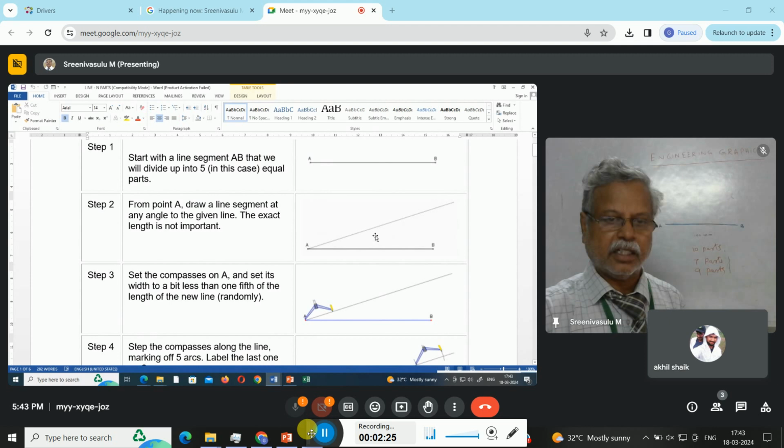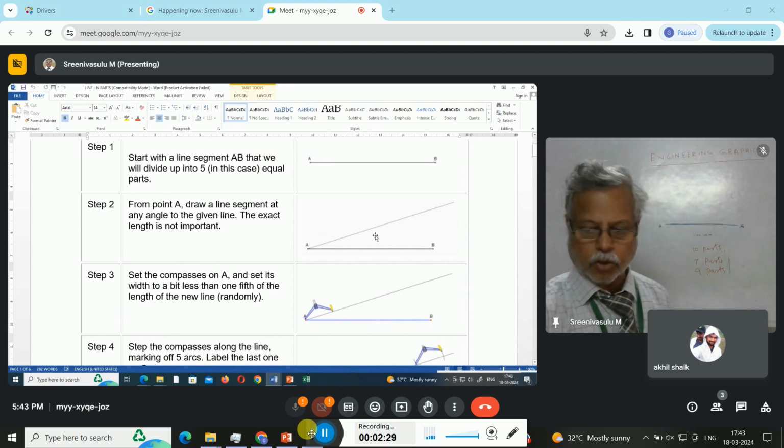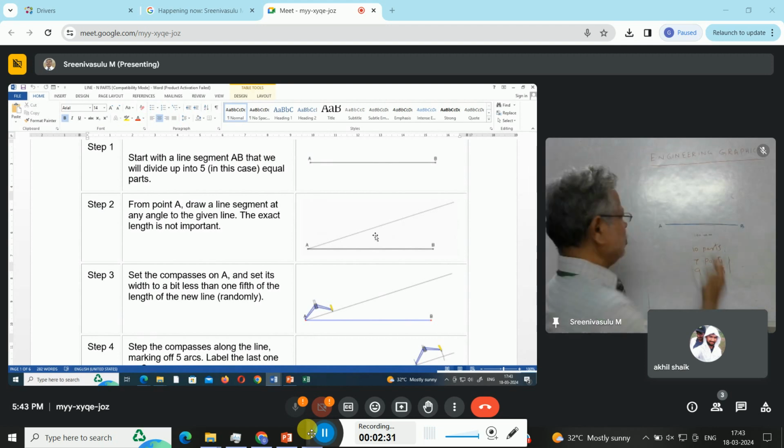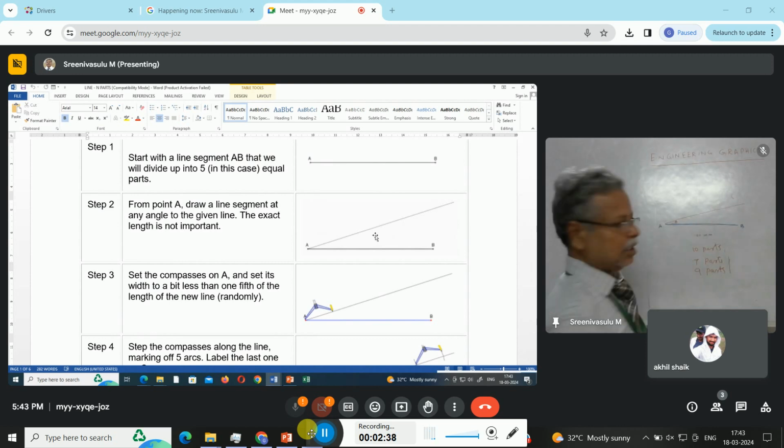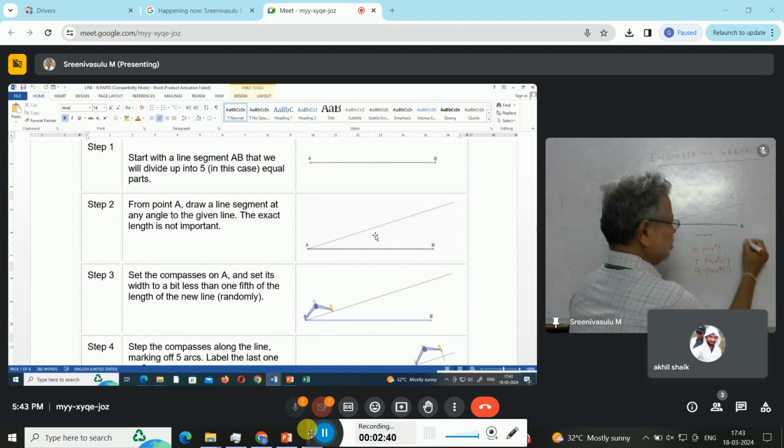The inclination of that can be anything of your convenience. So I am trying to draw it in blue. Say the red line, whatever I have drawn, that is the inclined line. Say theta, that angle can be anything.